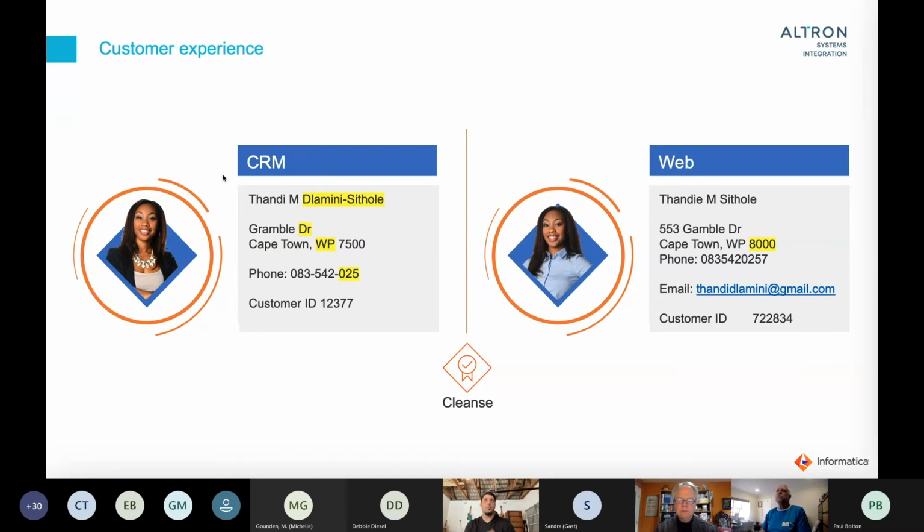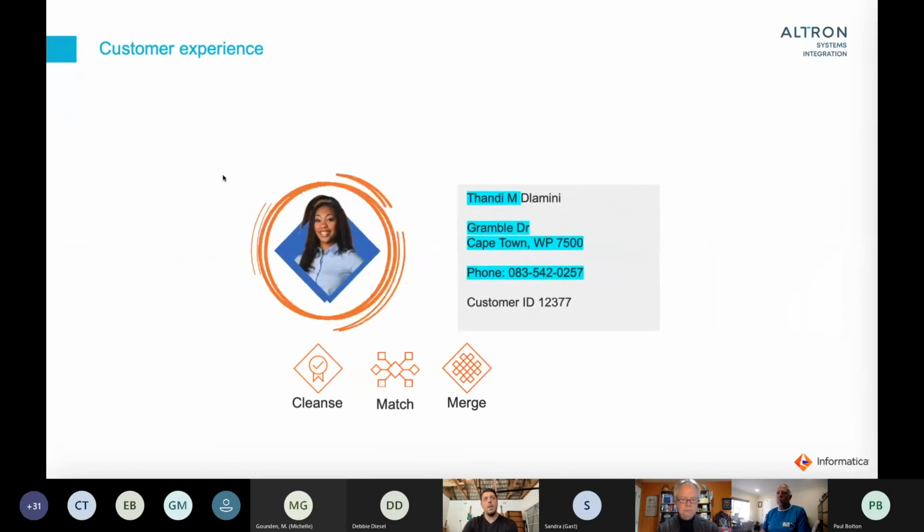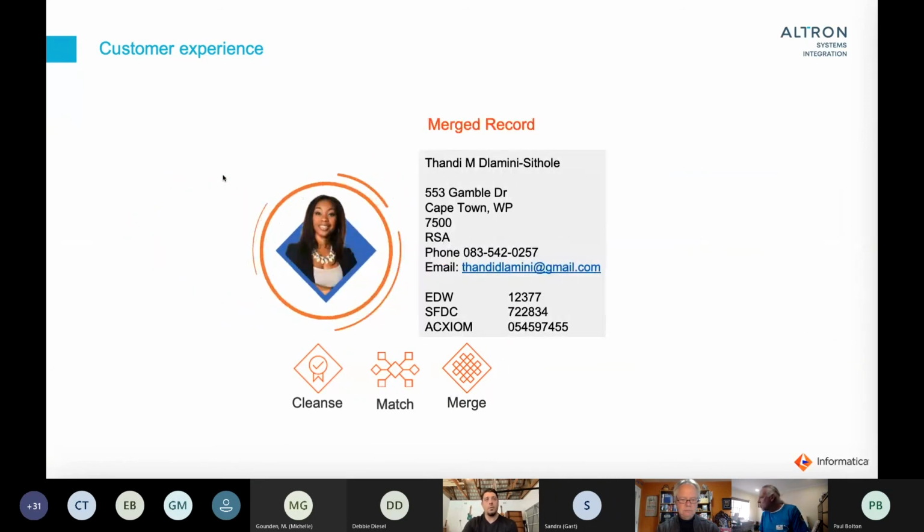So in the process of getting to identity resolution, you typically want to standardize and get your data on the same level. You cleanse it, and at that point you can figure out whether this is the same person or not. If it is the same person, you want to merge that data together, and then you have a merged record.